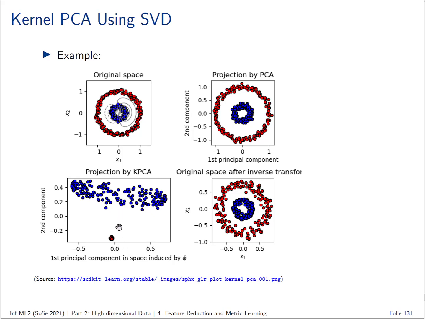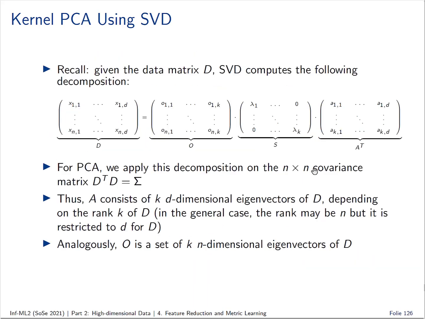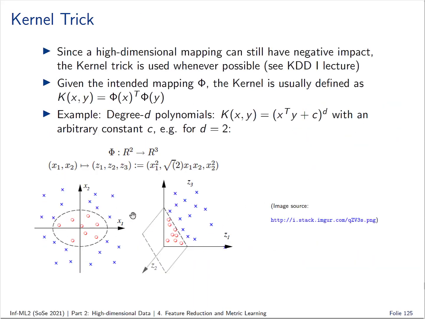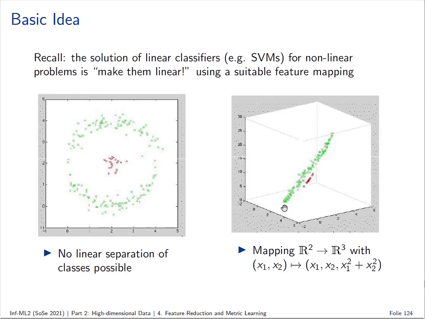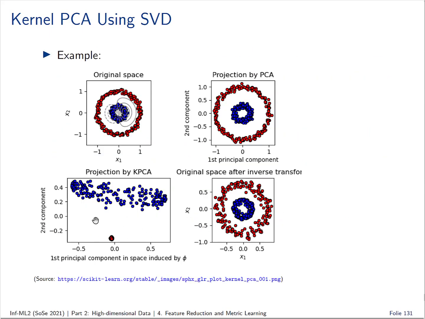I don't know how many observations are in there, but if you map it to the first two principal components with a suitable phi, probably the same phi as we did before, then you get this representation, and you see all of a sudden we can do fancy data mining.